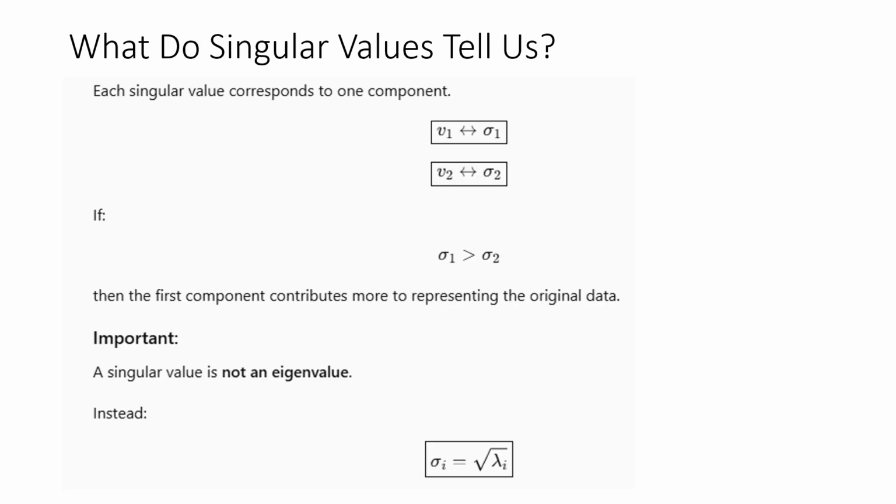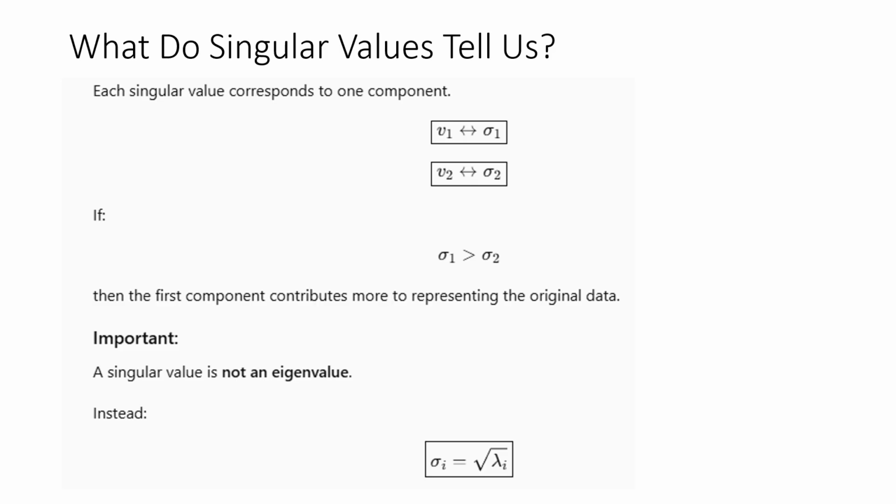Now, what does this singular value actually tell us? When we found the right singular matrix V, I told you that we find the underlying concepts, or the different directions corresponding to these underlying hidden patterns or hidden concepts. So V1 corresponds to one direction or one hidden concept, and V2 corresponds to some other hidden concept.